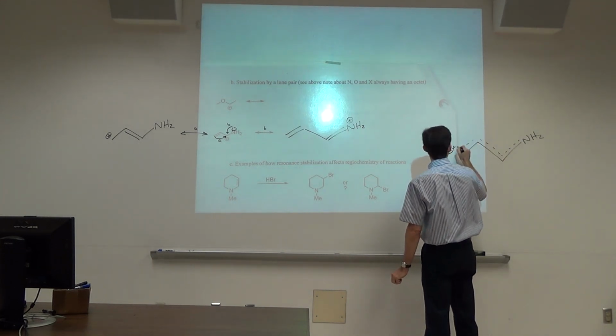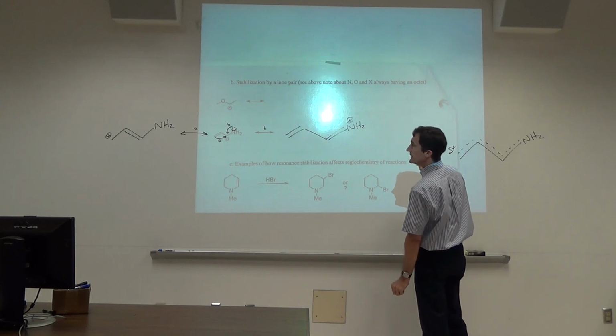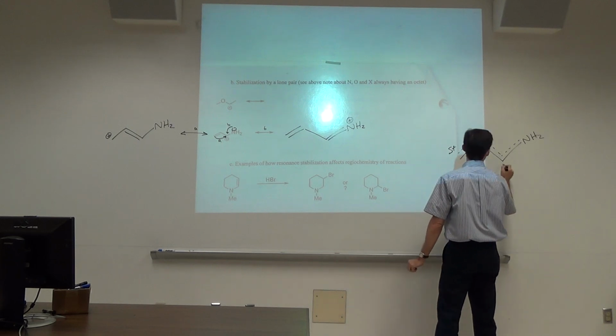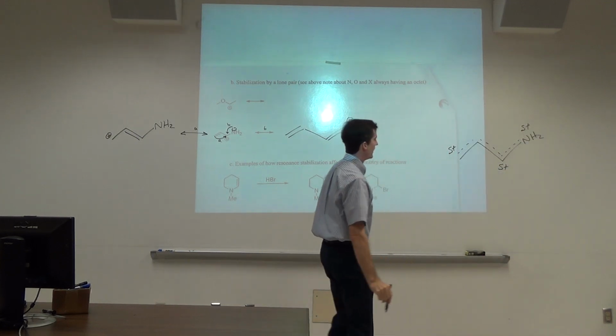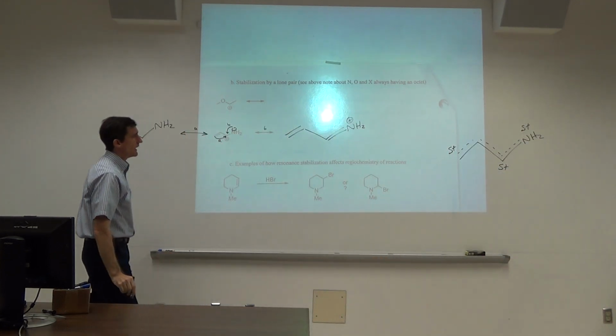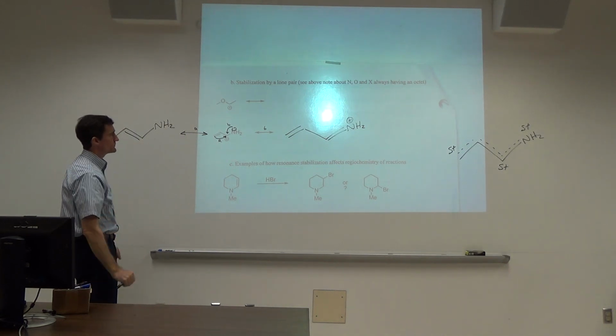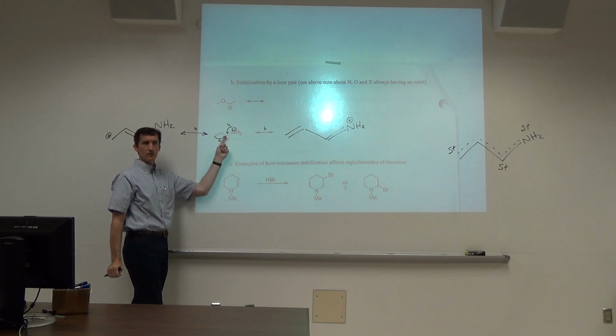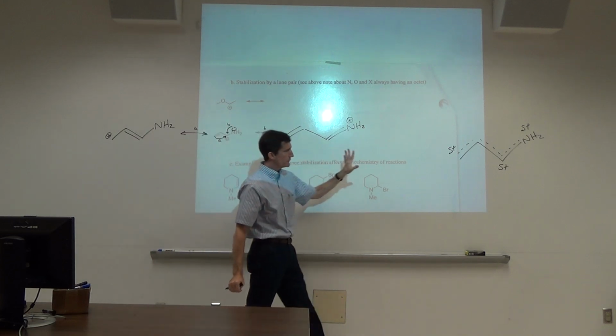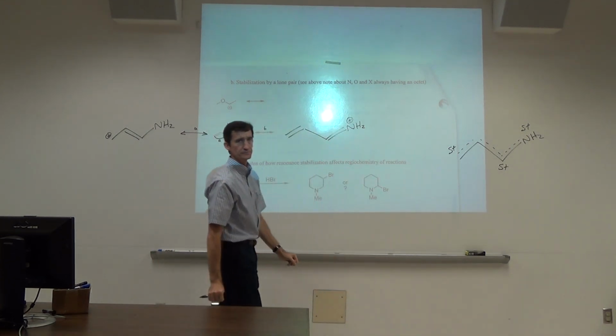We have partial plus here on the end, partial plus here, and then partial plus here. This is the true structure. Thus, we have delocalized the charge. The charge is not just right on that single carbon. The charge is spread over 3 atoms in the hybrid.